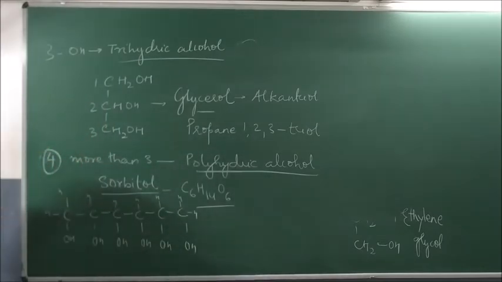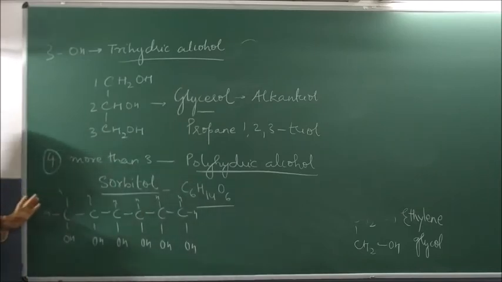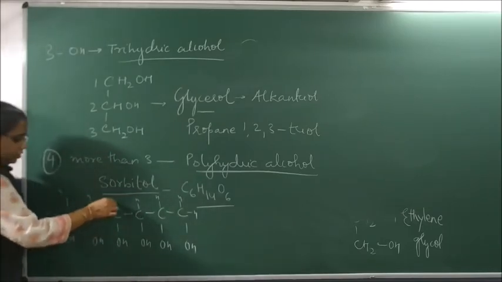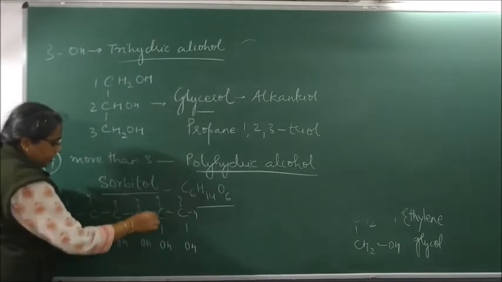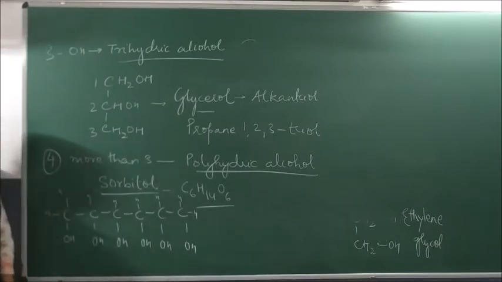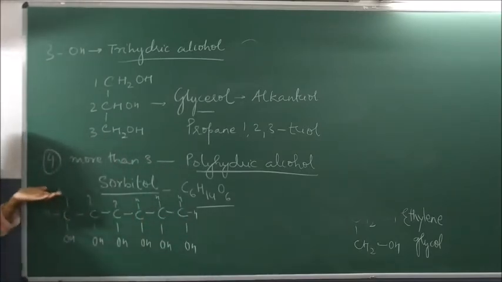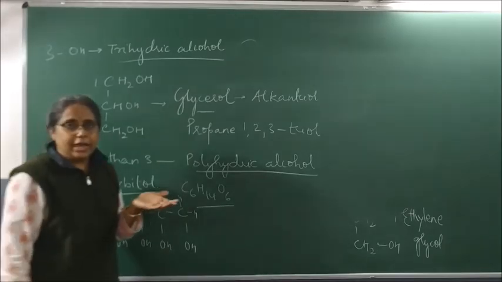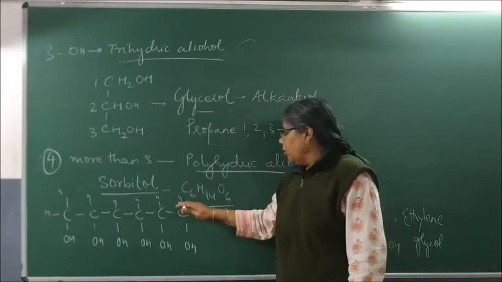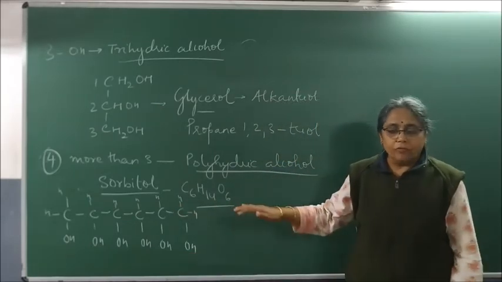If you satisfy the formula C6H14O6, let us count the number of H: 1, 2, 3, up to 14. Oxygen is 6, carbon is also 6. So the most common example of a polyhydric alcohol is sorbitol, with formula C6H14O6.